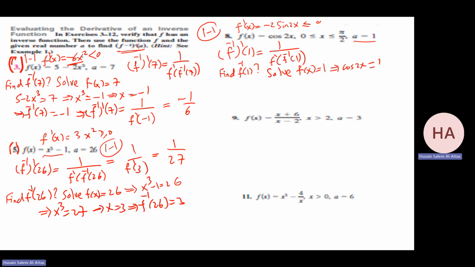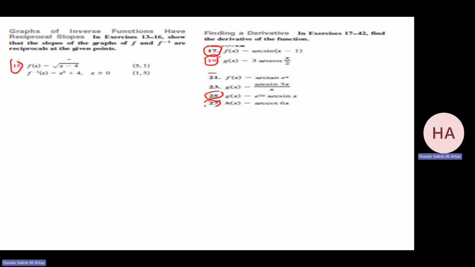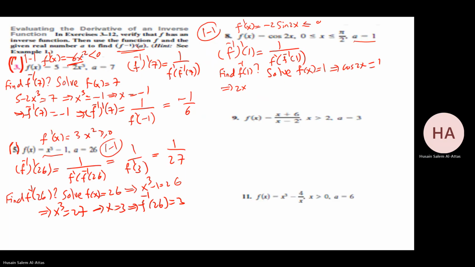Cosine 2x equals 1 if 2x equals 0. That implies x equals 0.